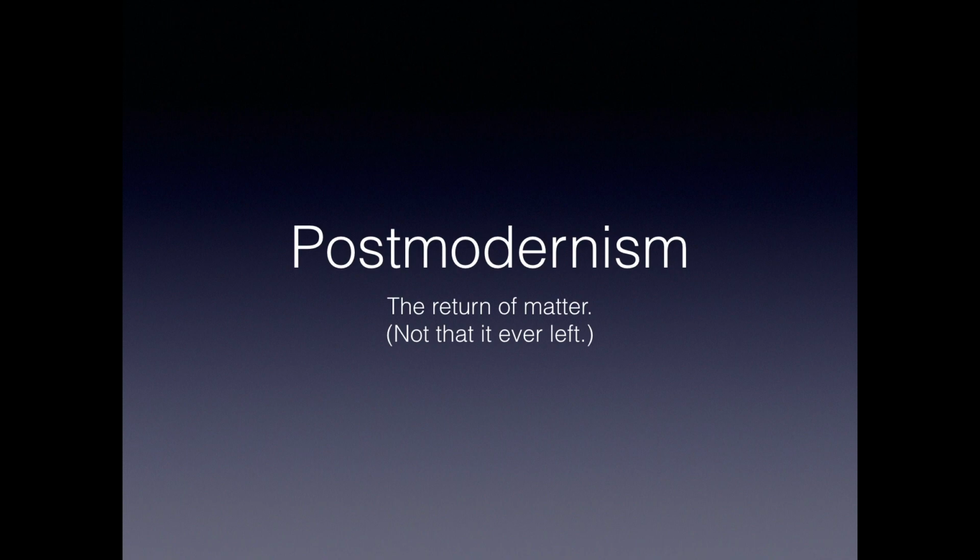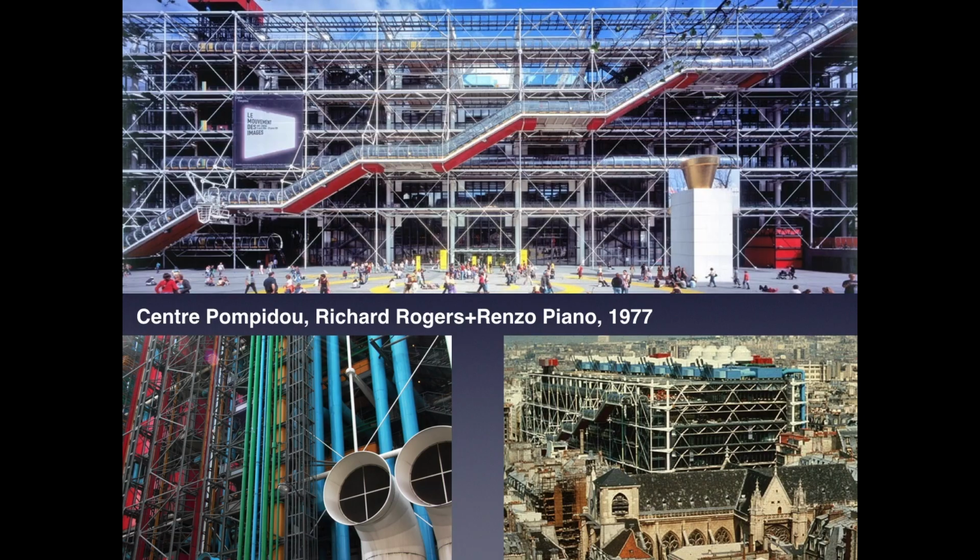An example might be the Pompidou Center by Richard Rogers and Renzo Piano, where what we have is a clear expression of, and this is a fuzzy way of putting it, the thingness of a thing, or the fact that we see all of its guts and all of its systems in place. If we look at this building, what has happened is it has in some ways been turned inside out.